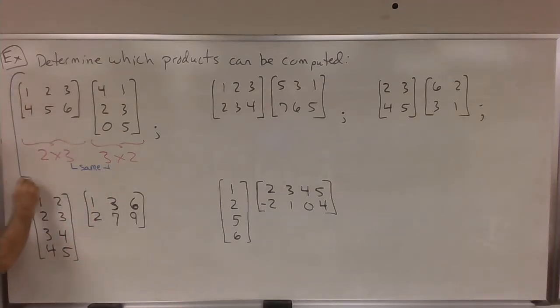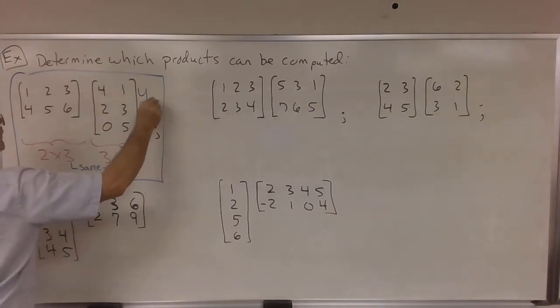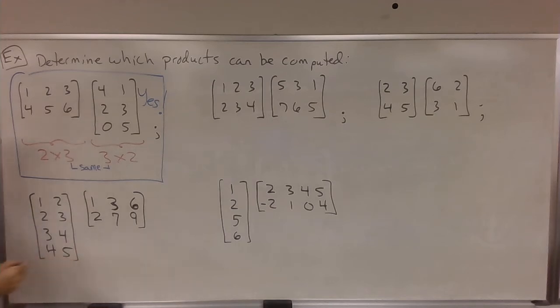So here, that product can be computed because the number of columns of the first is the same as the number of rows of the second.